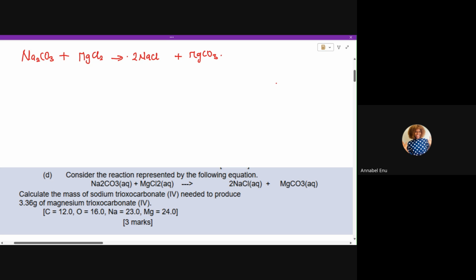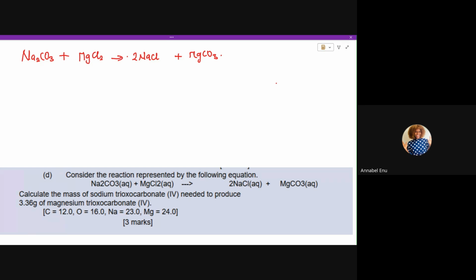Now we first ask ourselves, is this equation balanced? Sodium is balanced, magnesium is balanced, carbonate is balanced, and chlorine is balanced. So this is a balanced equation and we can work with it.